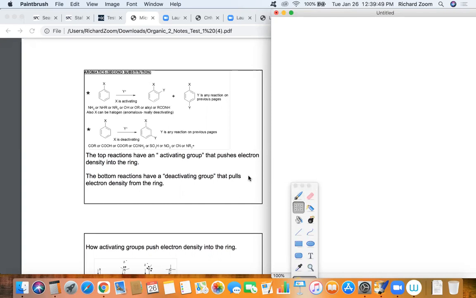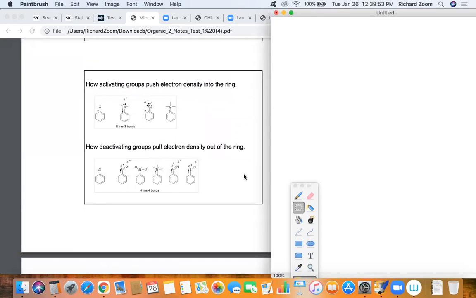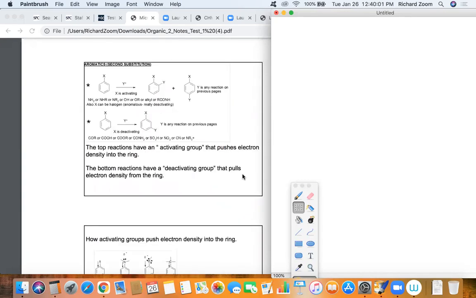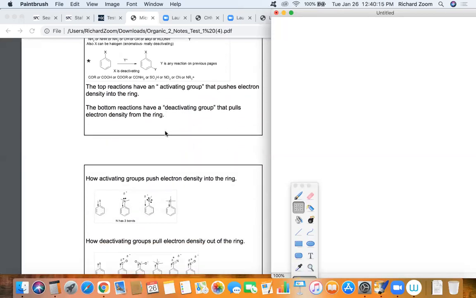So let's talk about activating and deactivating groups. Activating groups, as I said, are NH2, NHR, NR2, OH, OR, alkyl, or RC double bond O, NH, where the connection is through the N. All of those are possible.